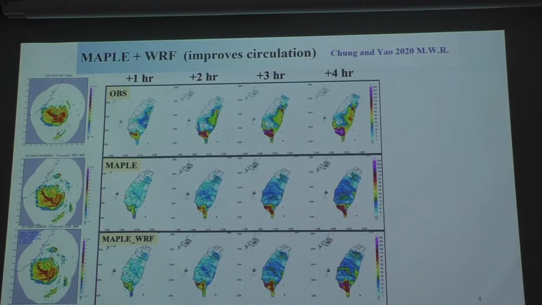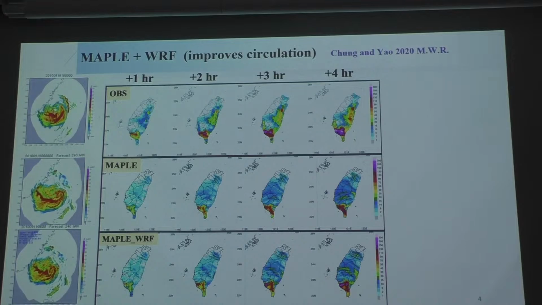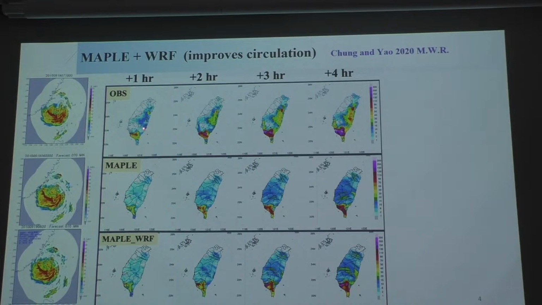When we apply this idea in Taiwan, as Professor Liou just mentioned, we have terrain located in the center of Taiwan, so the orographic effect becomes an important issue. When the MAPLE system is applied in North America, the nowcasting performance can extend up to 6 hours, which means that just by extrapolating the radar image or radar reflectivity, it is capable of nowcasting up to 6 hours.